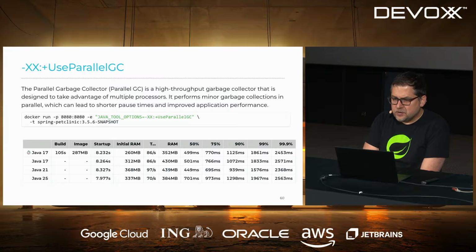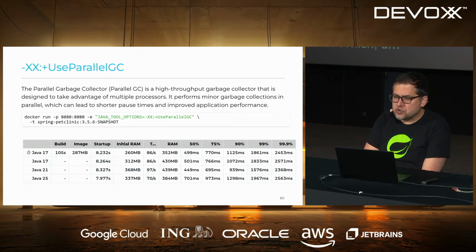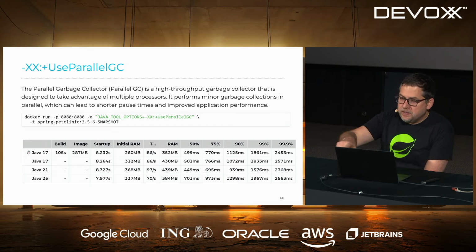So this is something you can play with, with this idea of high throughput optimized garbage collectors, which usually lead to shorter pause times, and therefore the throughput gets better. It might mean, because of the wait times, that the latency goes up a bit.